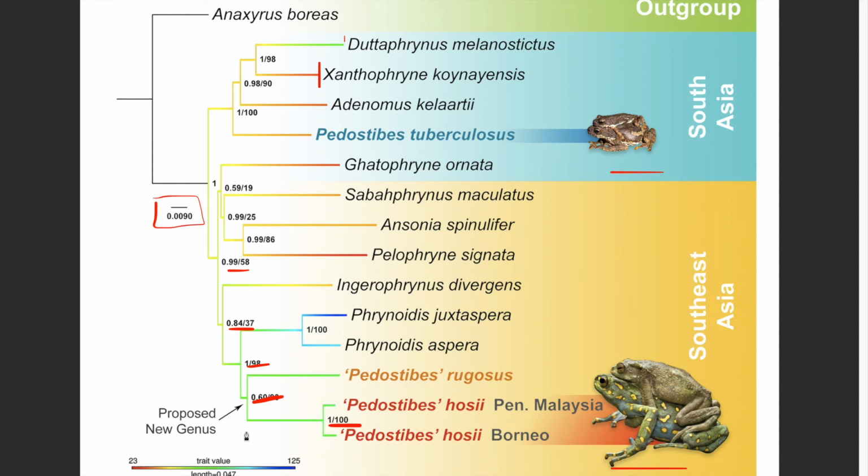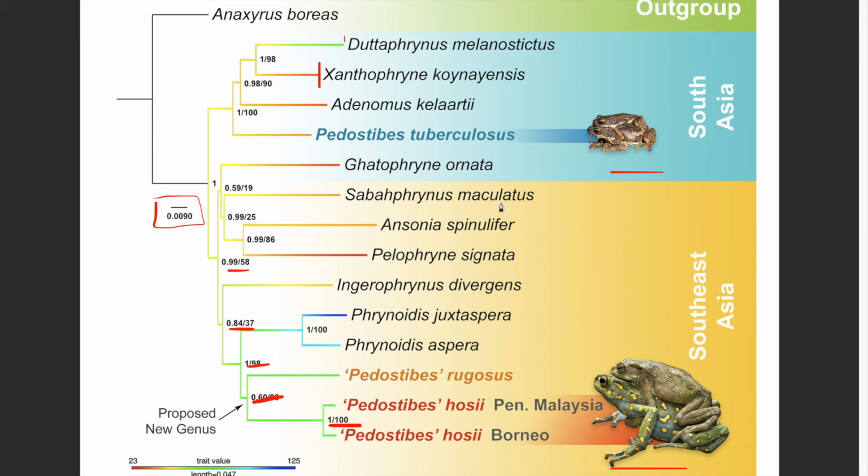So this is our practice for the tree. You need to look at the different lengths of your branches. The length of the branches is the trait value.